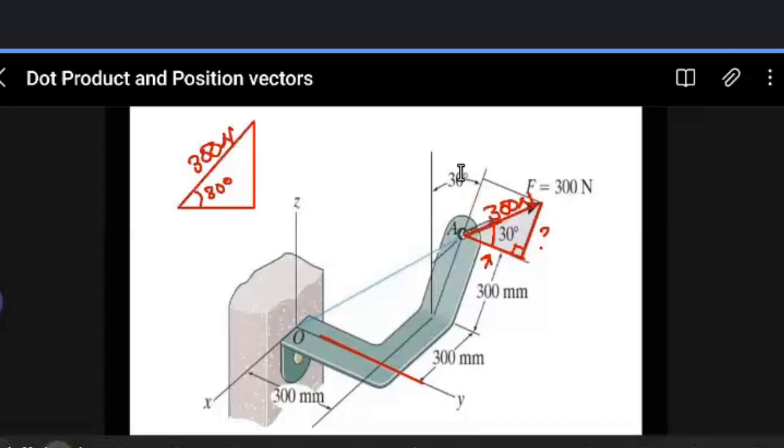It's going to be 300, the hypotenuse, times cos 30. But do you see what this actually gives us? Which component does this give us?